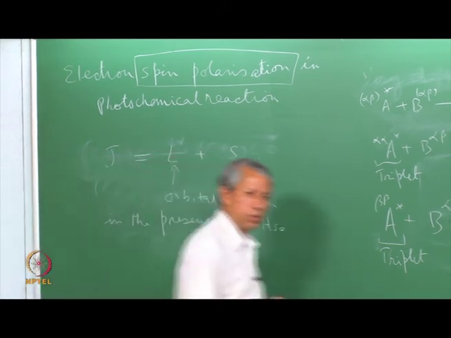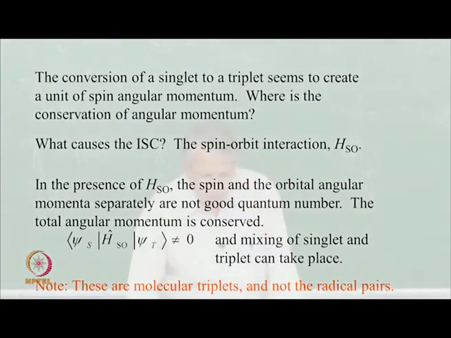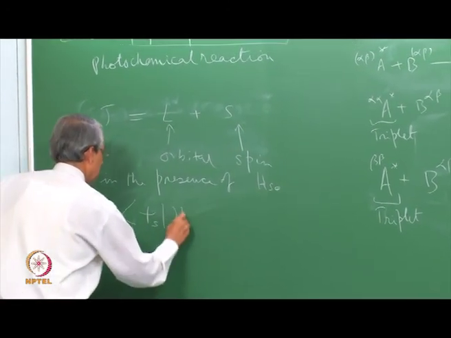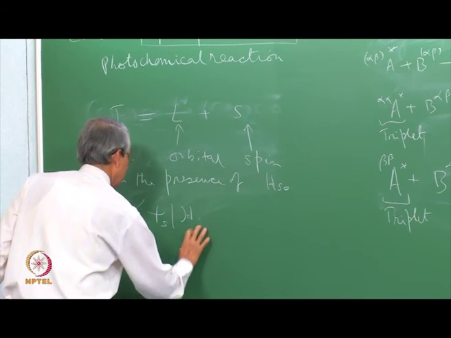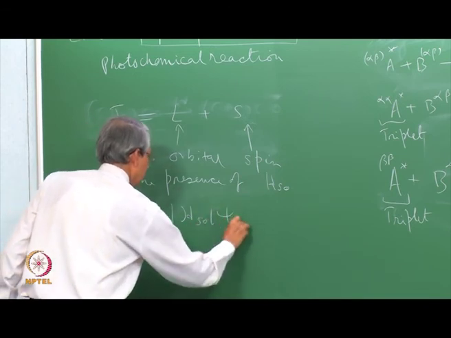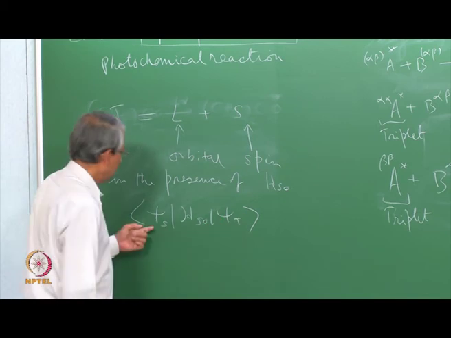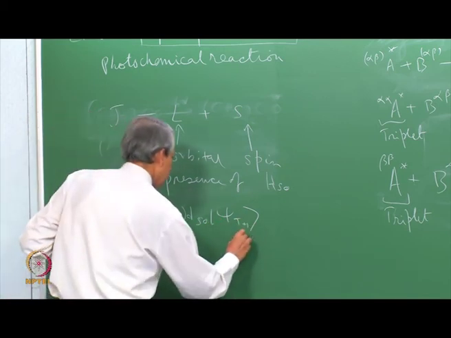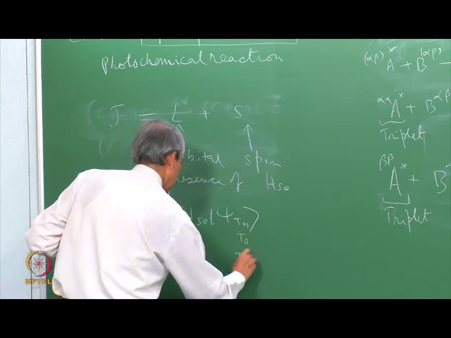So, there is a clue to this now. When the intersystem crossing takes place in the presence of this perturbation, the singlet to triplet transition may not be the same for all three triplet levels, whether I have T plus 1, T 0, or T minus 1.